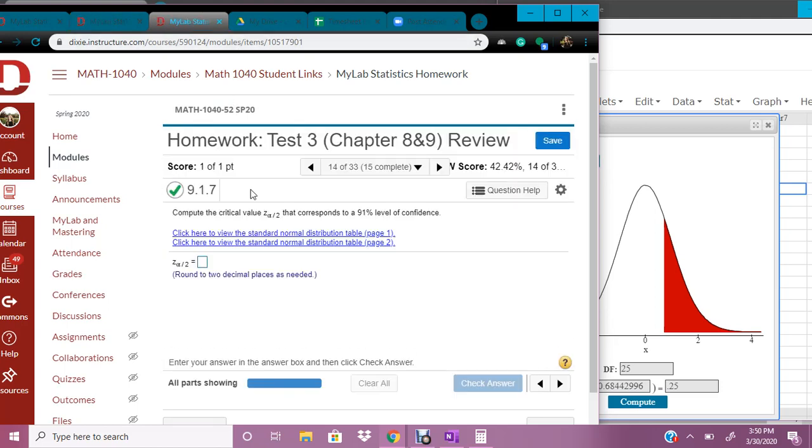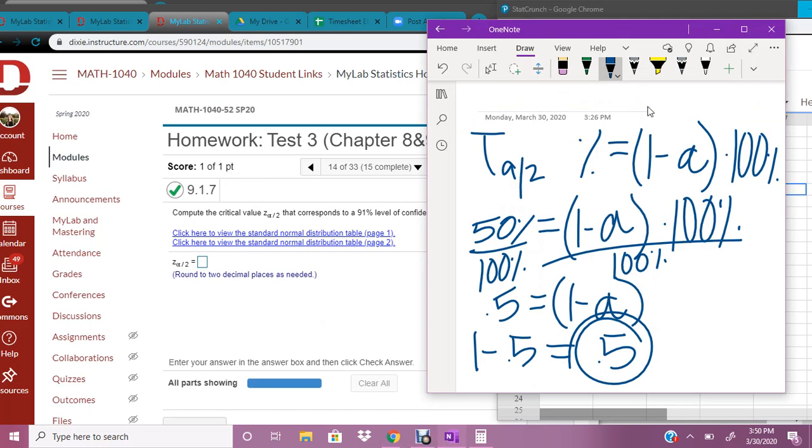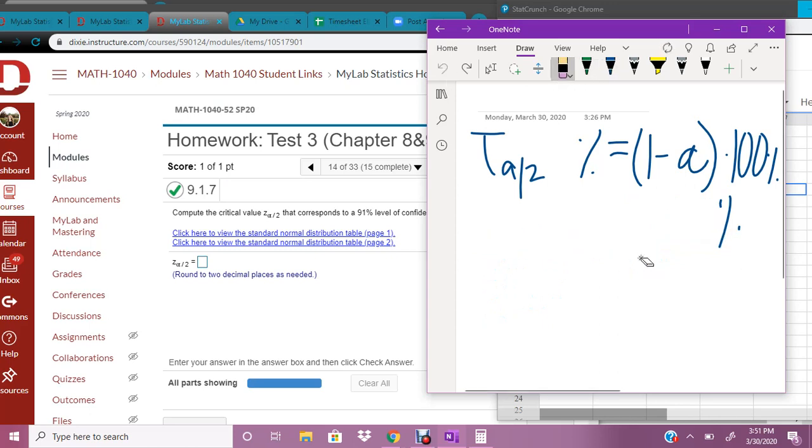Okay, so then we're going to do question 14 of the review. And so this one is what we were just doing, but now it's a z. And so same thing that we did here. So it's going to be the exact same thing, except it's a z.